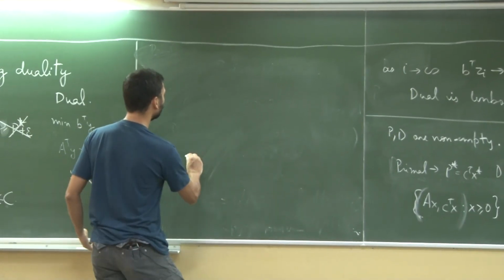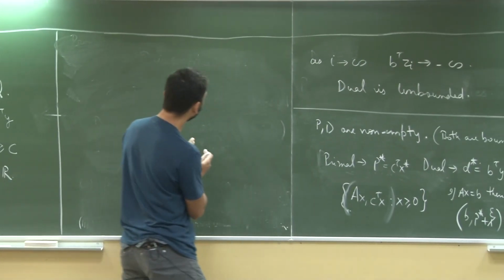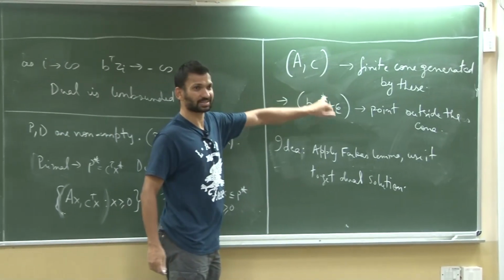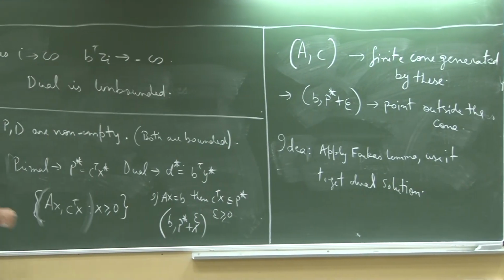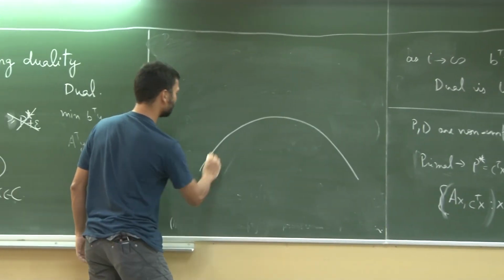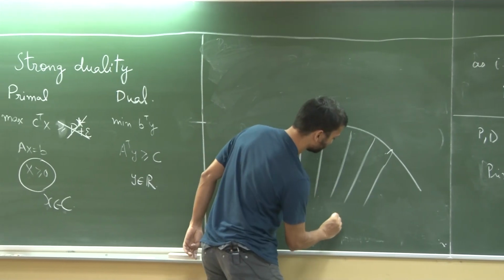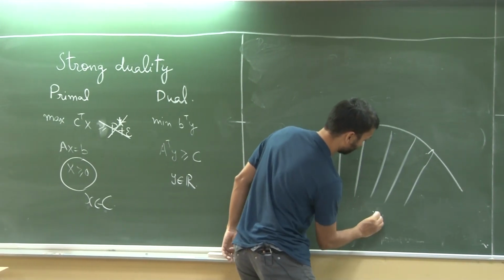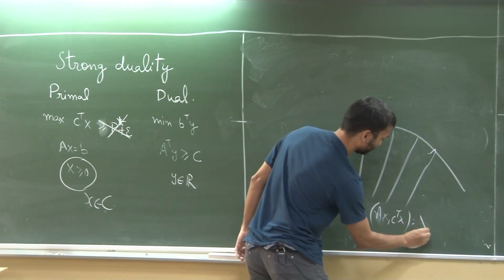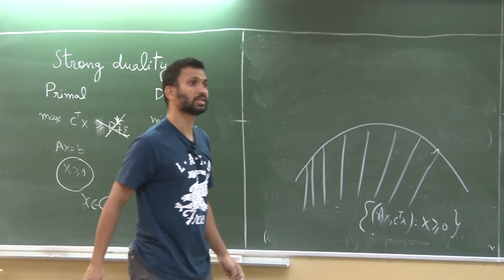one way to understand it is my y-axis is going to be this last axis. I have this region. This is my feasible region.